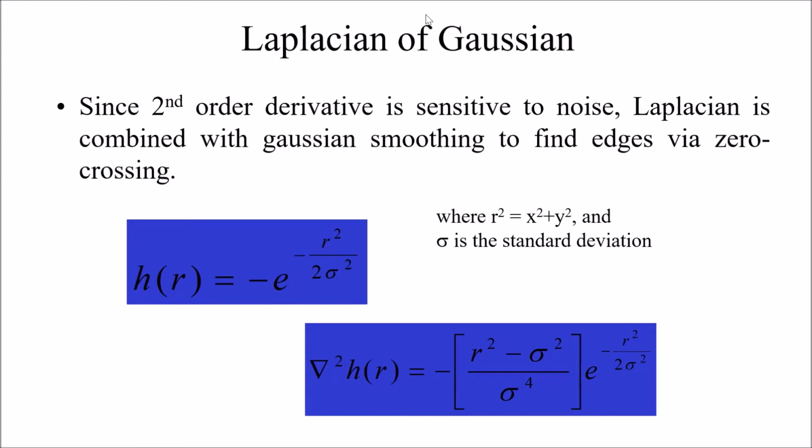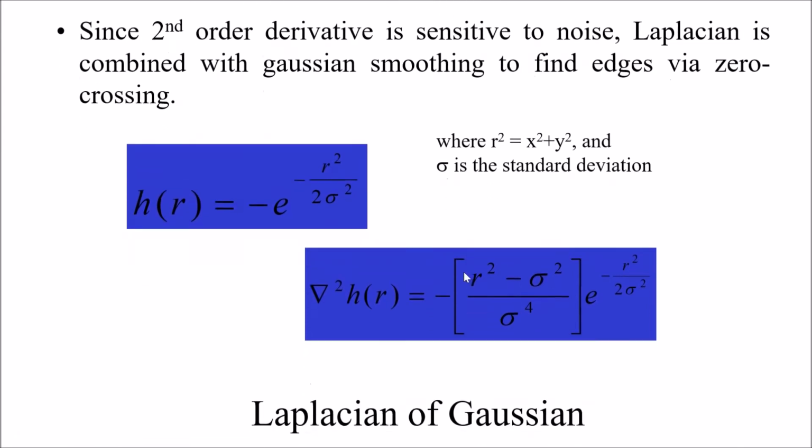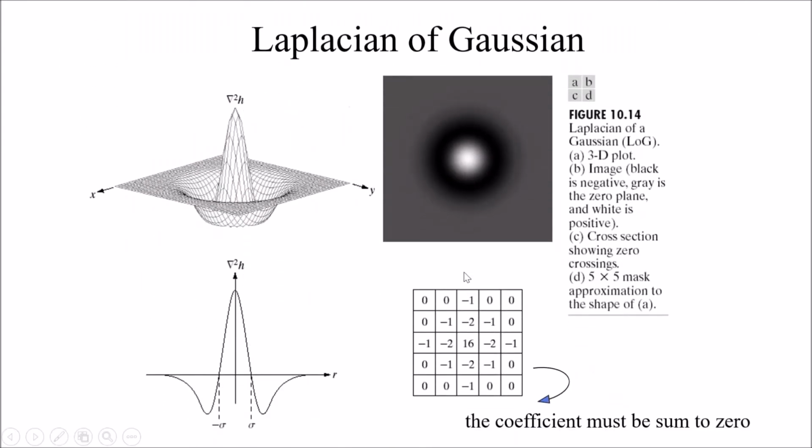For the second derivative, we can embed the Gaussian smoothing function inside the Laplacian operation, and then finally find the edge via the zero crossing by using this notation in terms of the continuous function. The same representation can be generated by using this type of kernel.